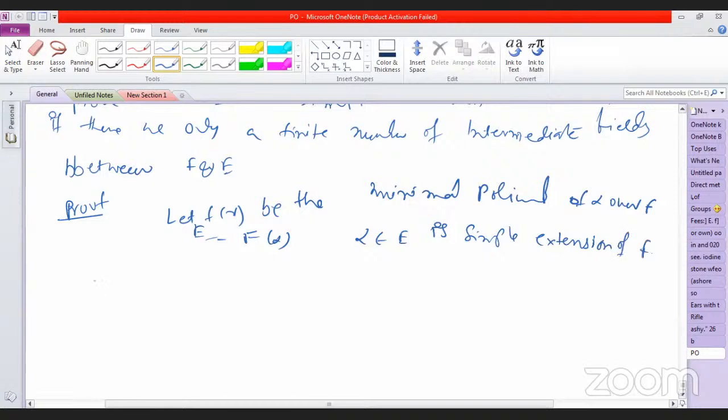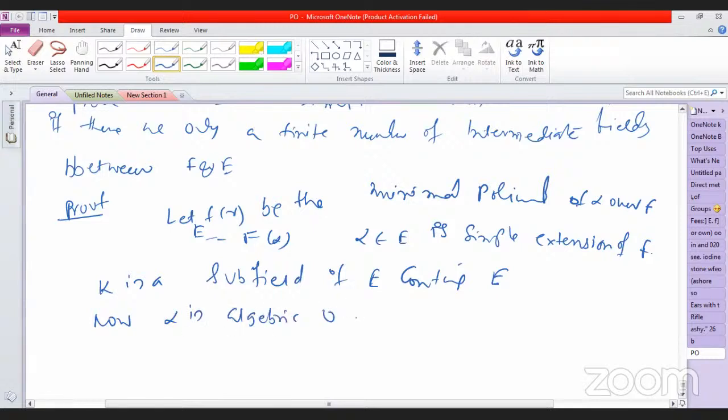Suppose K is a subfield of E containing F. Now alpha is algebraic over K, and let g of x be equal to alpha 0 plus alpha 1 x, and so on, alpha n minus 1 x power n minus 1.